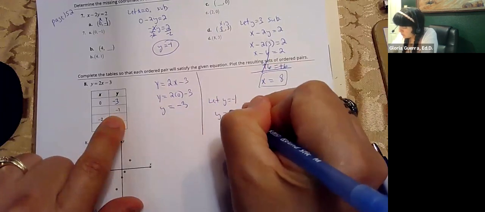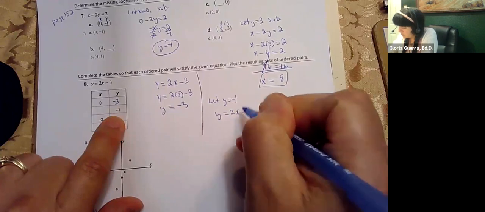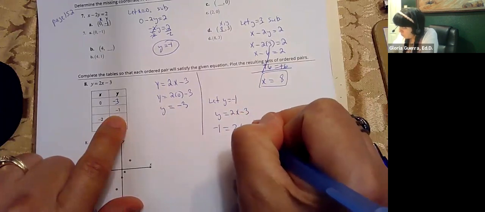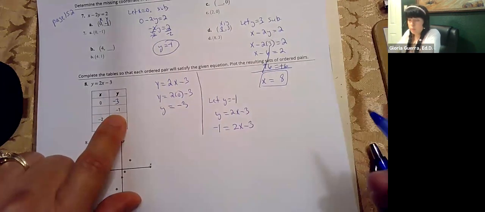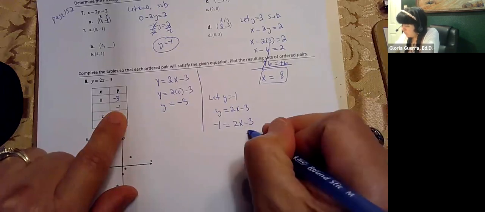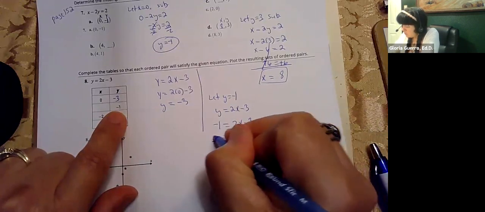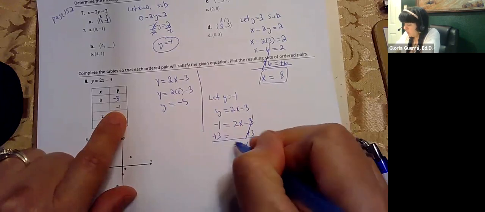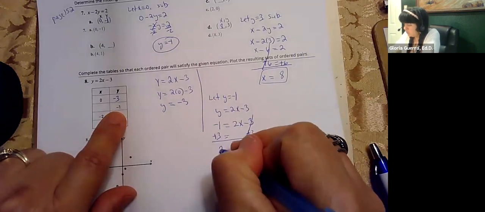Here they want you to let y equal -1. If y equals 2x minus 3, everywhere you have a y, you plug in -1. Then I'm going to solve this for x. So you have to add 3 to both sides. This falls out. This equals 2x. 3 and the -1 is 2.